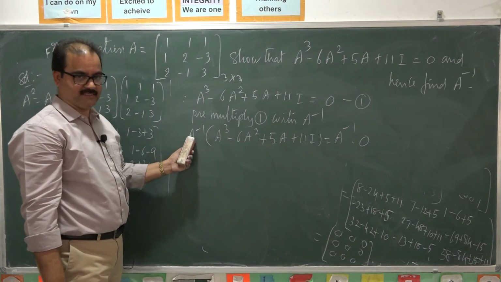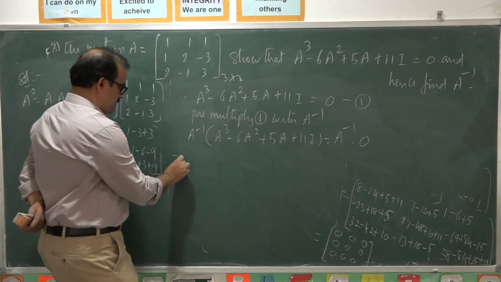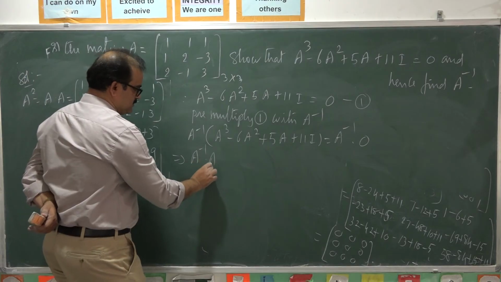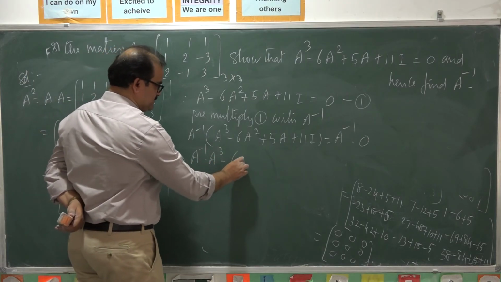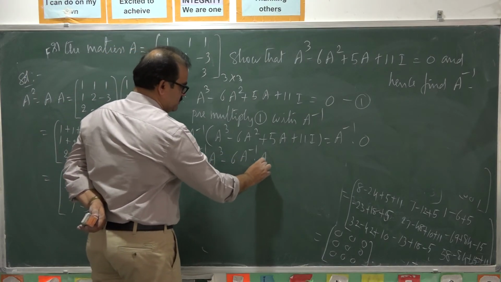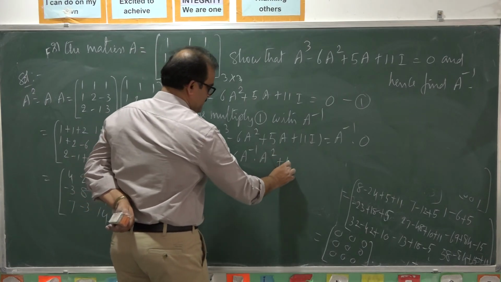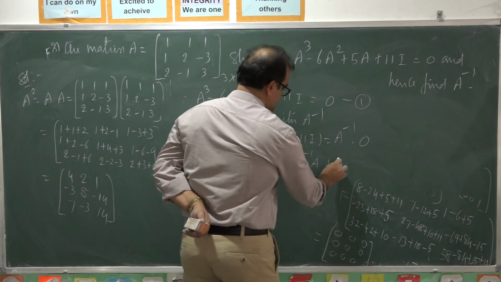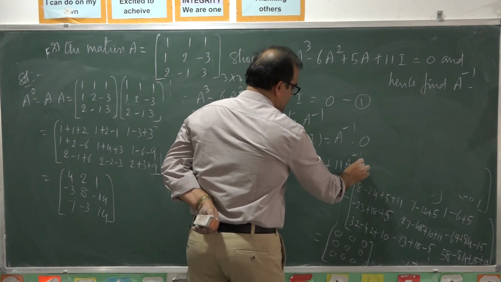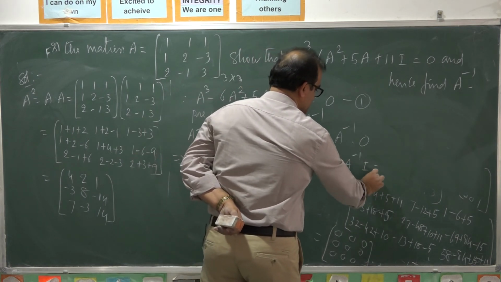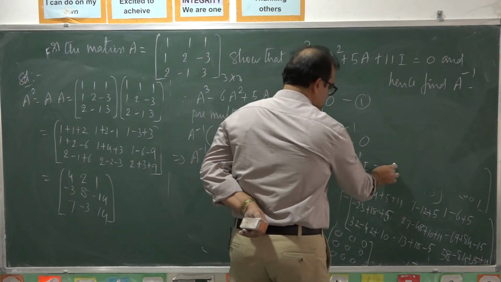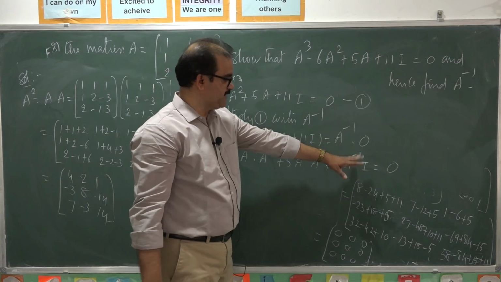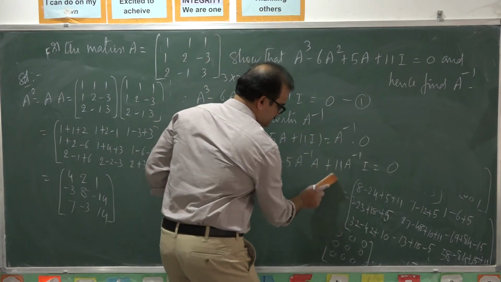Pre-multiply means multiply from this side. Now take this A inverse into the bracket. A inverse into A cube minus 6 into A inverse into A square plus 5 into A inverse into A plus 11 into A inverse into I is equal to A inverse into 0, that is 0. That means if you multiply any matrix with the 0 matrix, you get the 0 matrix.